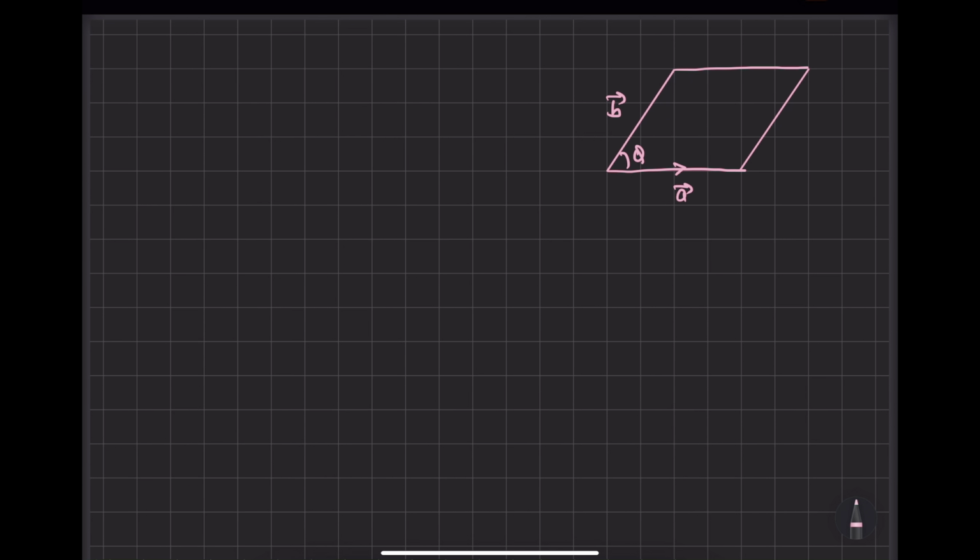If I ask you to find out the area of a parallelogram, you know that it is base into height, correct? Base means the magnitude of the base, the length of this part. So can I write this as mod A? So we got our mod A.